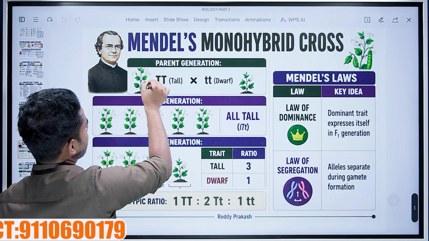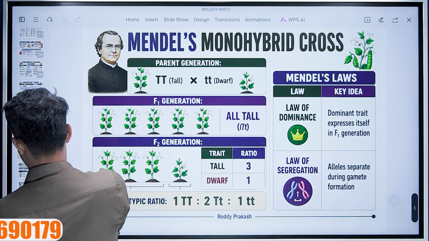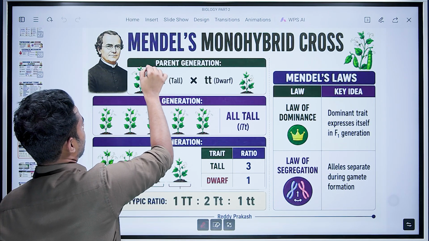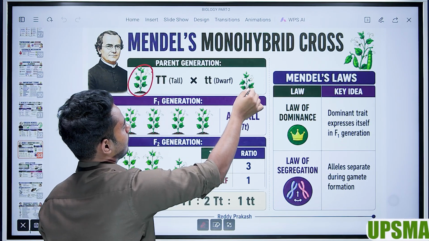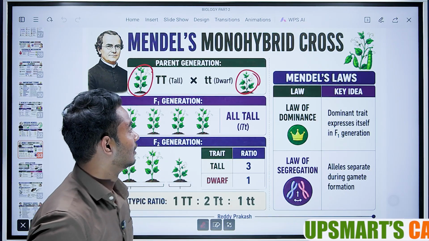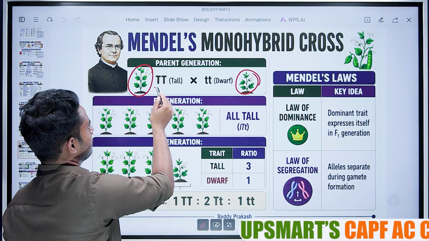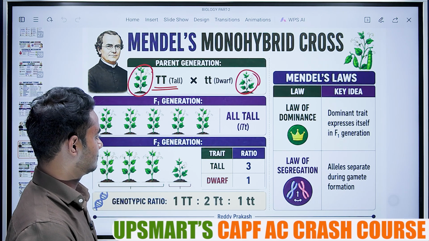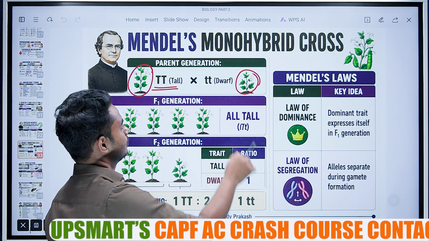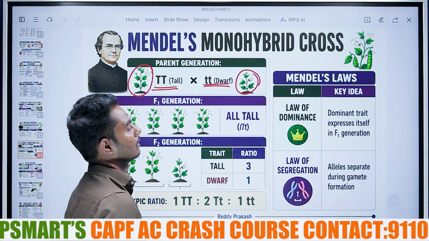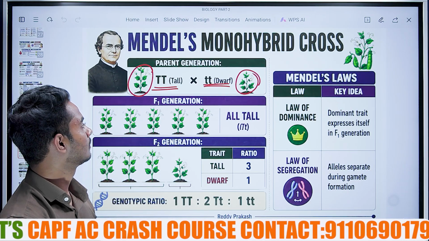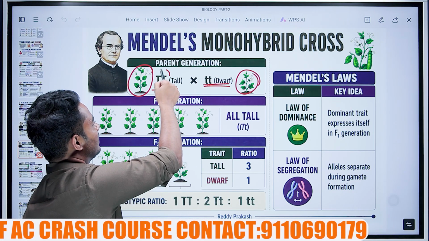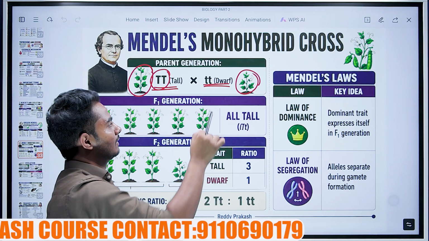He picked a pea plant like these ones, one being the taller one, the other being the smaller dwarf one. The taller one with capital T and the smaller one with small t.